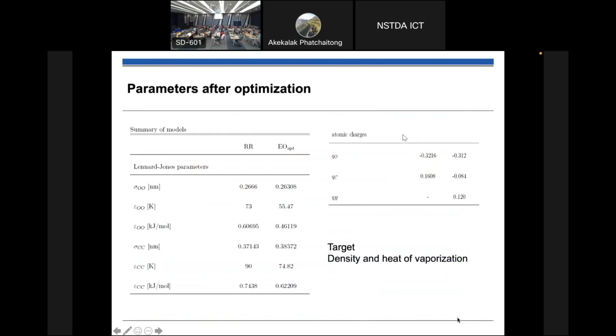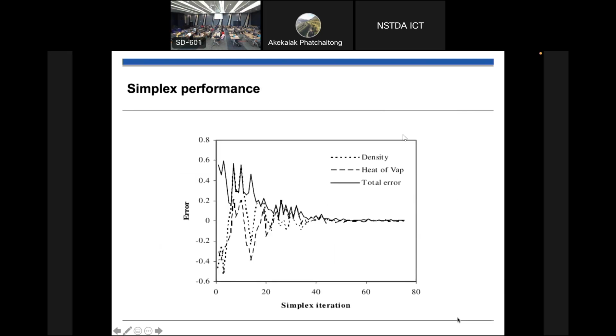Once you have that, you have the Lennard-Jones parameters and the different atomic charges, and the target was density and heat of vaporization. So we were trying to optimize the force field for density and heat of vaporization. Then we did simplex iterations.